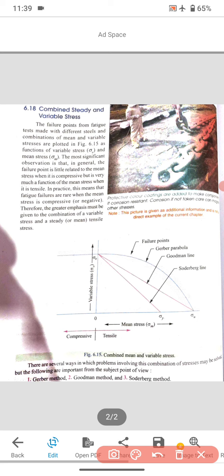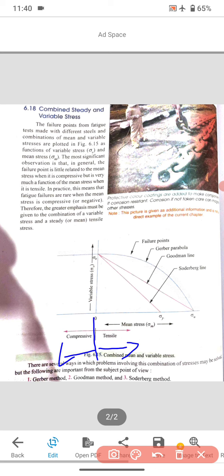Now this axis consists of two sides, one tensile and the other compressive, as you see. On the machine component, the tensile stress is the mean stress.